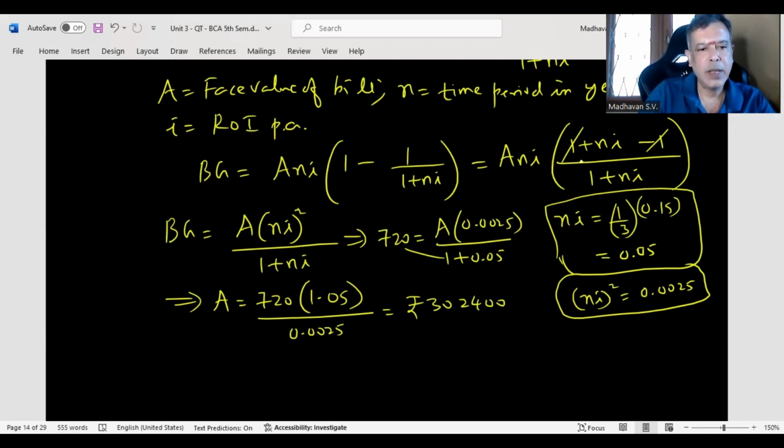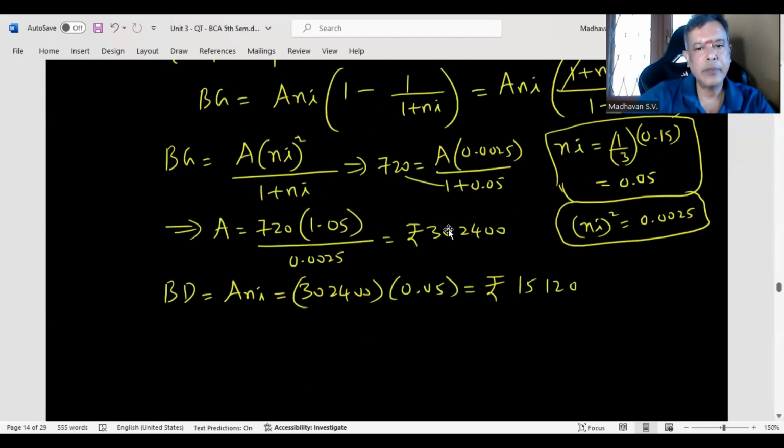Now we have to calculate banker's discount, which is A into N into I. A is 302,400 times NI, which we already have as 0.05. If we calculate that, we get the banker's discount as 15,120.